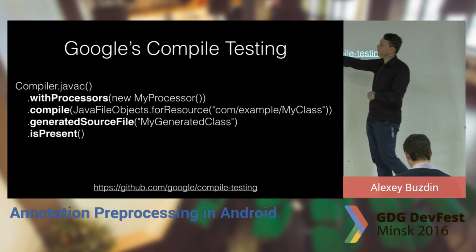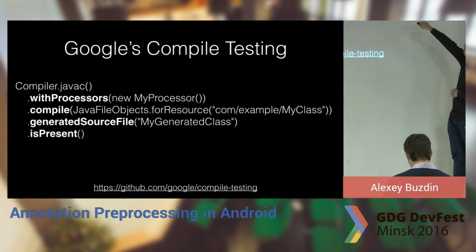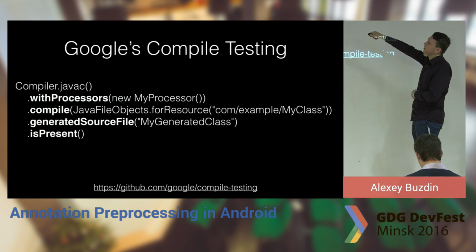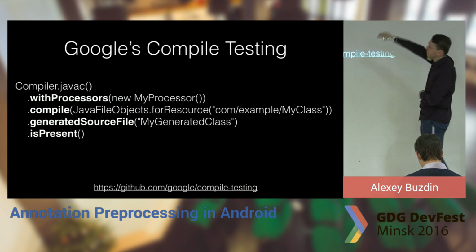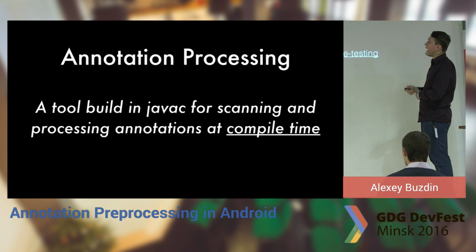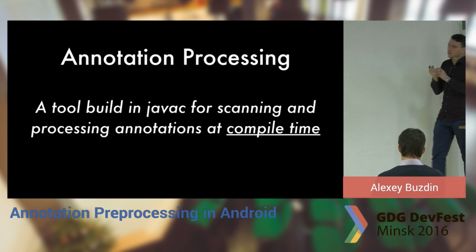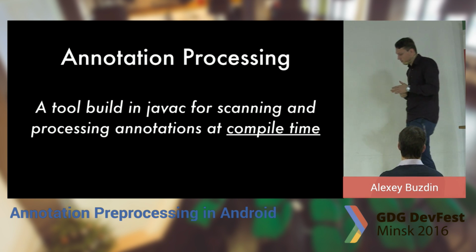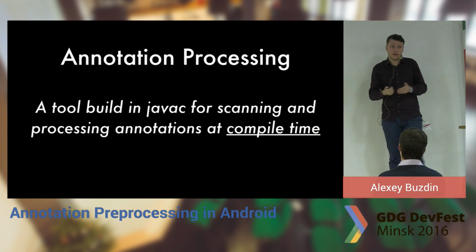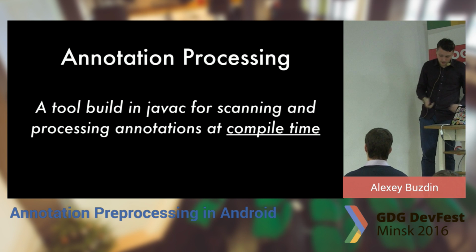And then you should have a generated source file called myGeneratedClass, and you can do all kinds of assertions here. Also, you can pass just a string to compile, so you're not limited to actual classes. Yeah? And that's about it about Annotation Processor. So it's a tool that allows you to build classes during compile time, which could be handy for you if you need some parts to be done automatically.